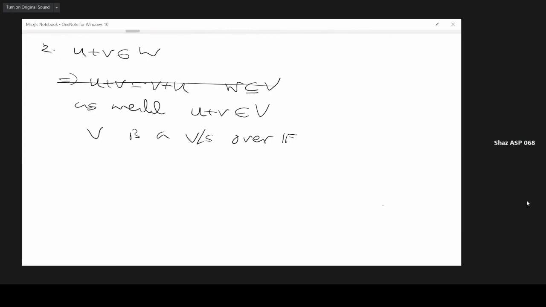Therefore, U plus V is equal to V plus U, because U plus V is in V. Is it okay? U plus V is equal to V plus U because V is a vector space.